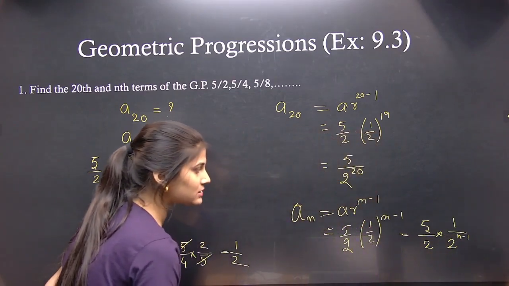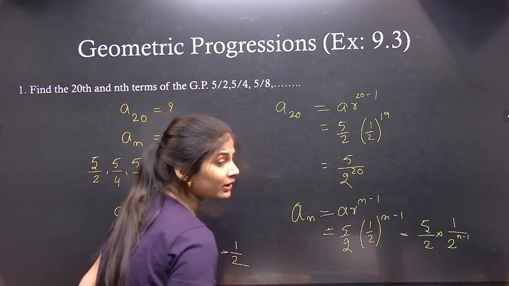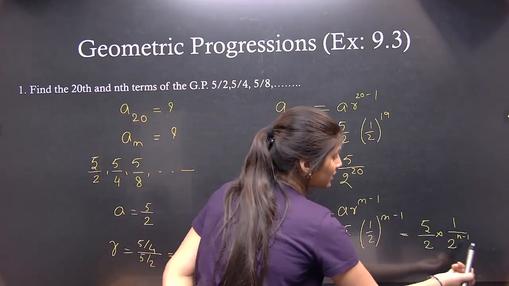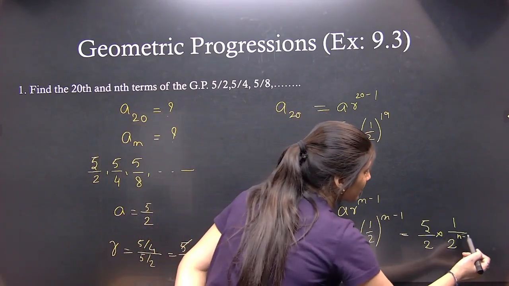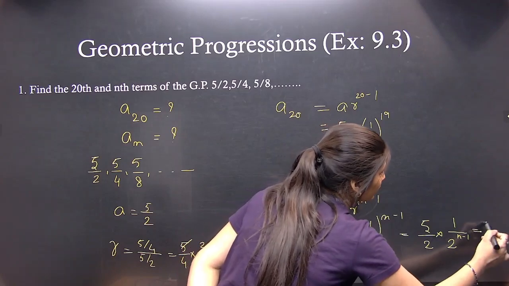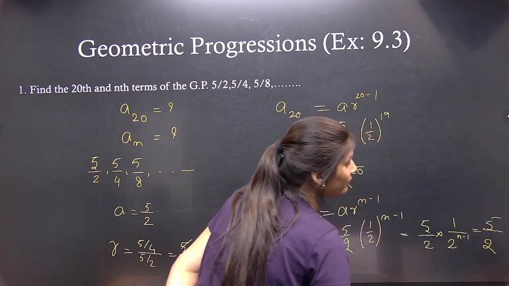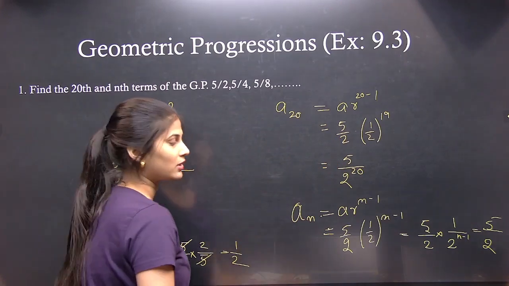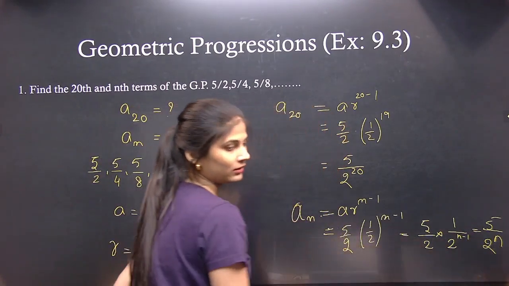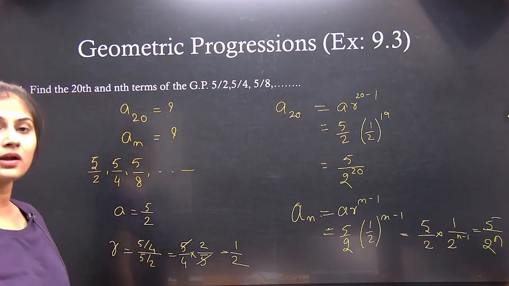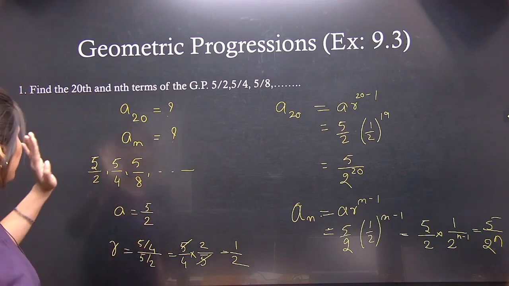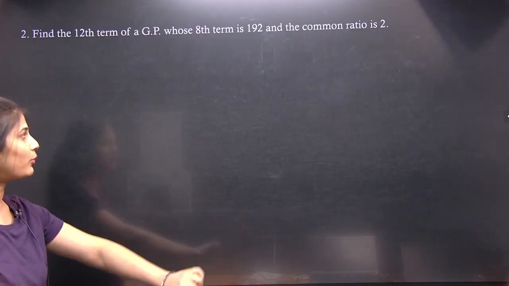Can we write it like this? 1 to the power anything will remain 1, and 2 to the power n minus 1 at the denominator. Now it is n minus 1 and we can add it, so it will give 5 by 2 to the power n minus 1 plus 1. So it is 2 to the power n only. Got it? So this is question number 1 of exercise 9.3.